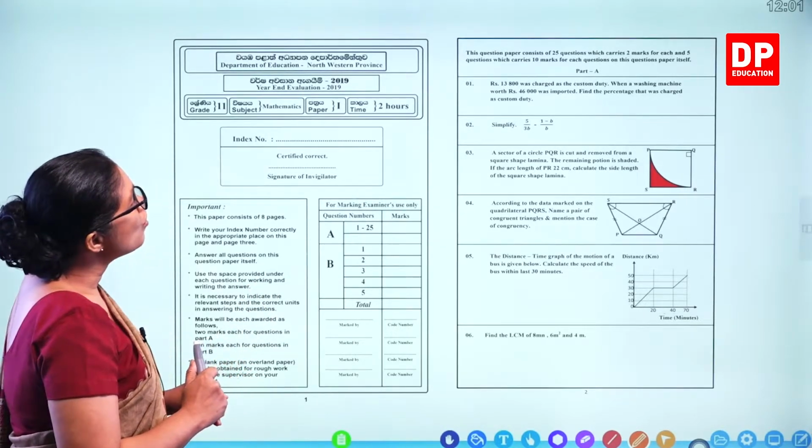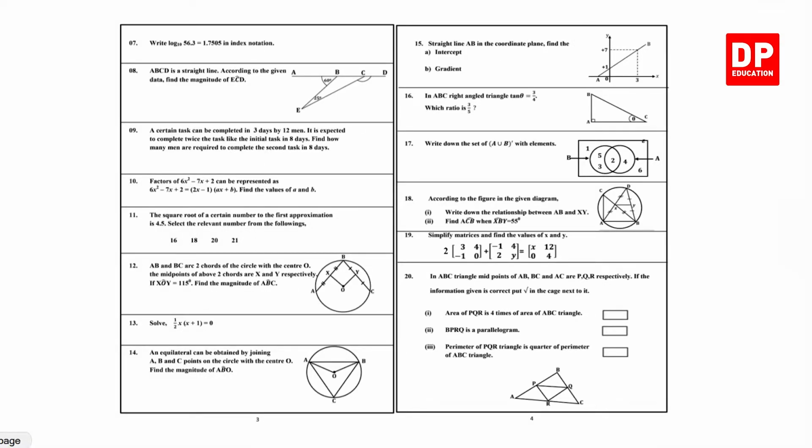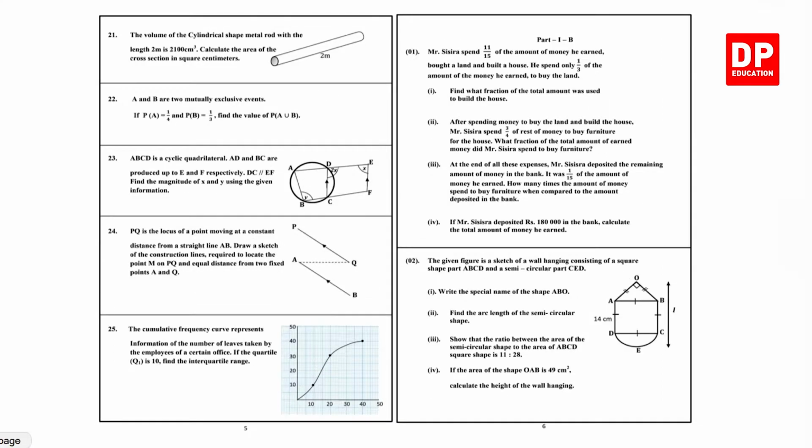On the first page you get Part A, questions 1 to 6. Then you get questions 7 to 14, 15 to 20, and on the last page you get 21 to 25.